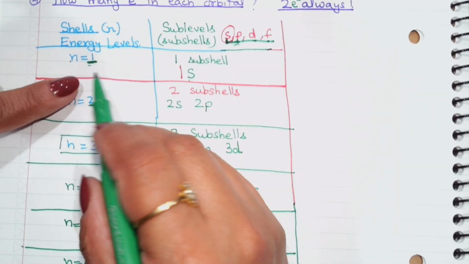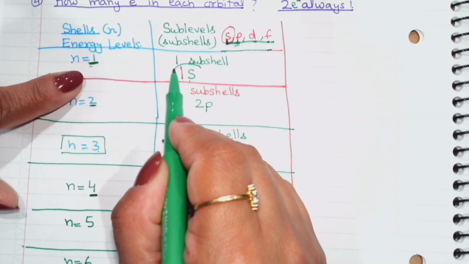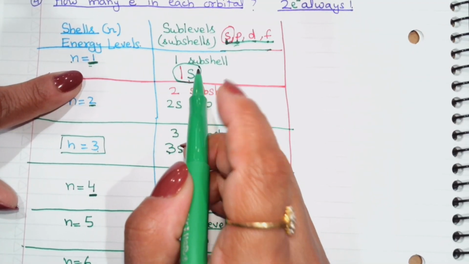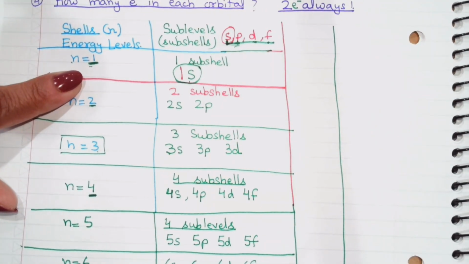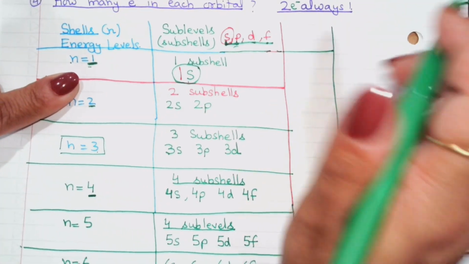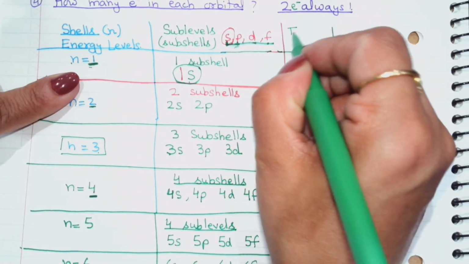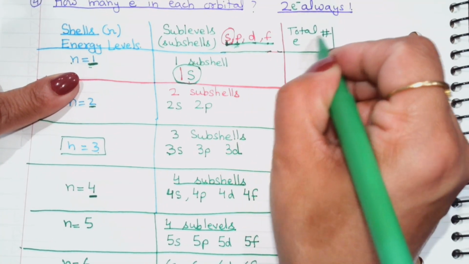Right? Now look, each orbital, so there is only one orbital here, can hold 2 electrons max. Right? So let's count the total number of electrons here.